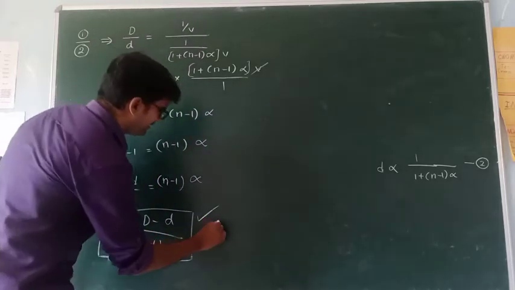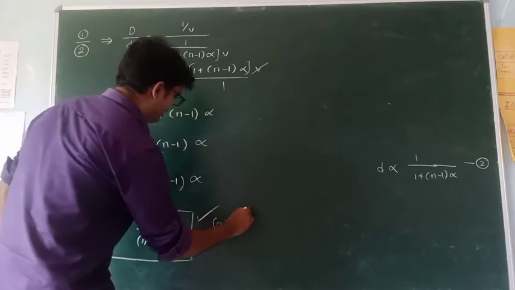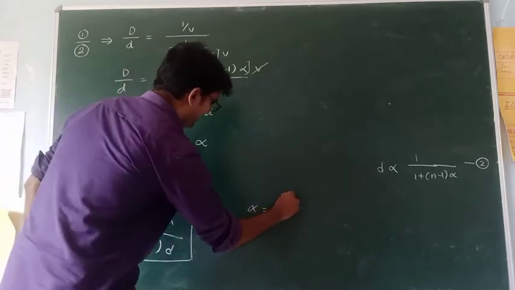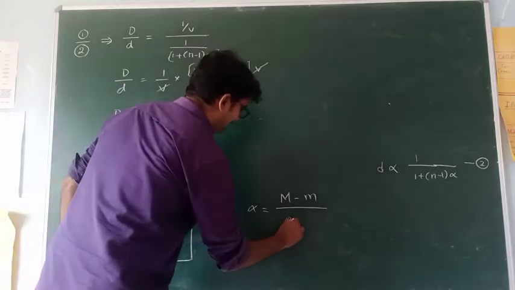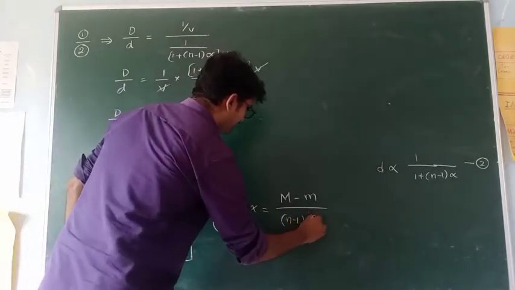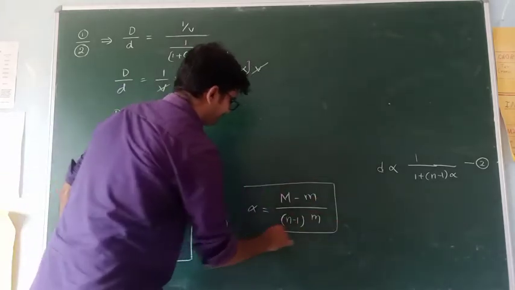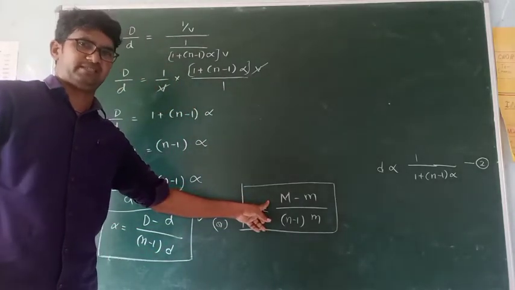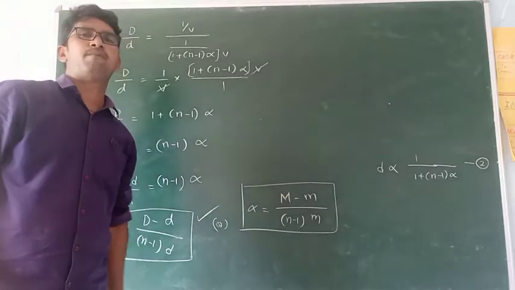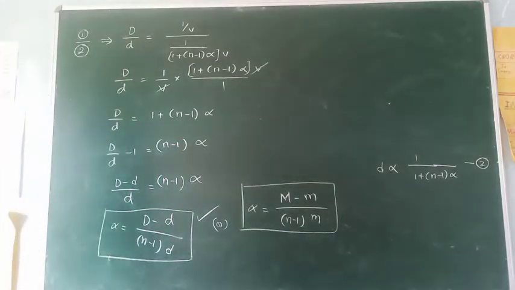So similarly, we can write in molecular weight form: alpha is equal to (capital M minus small m) by (n minus 1) into small m, where capital M is the initial molecular weight, small m is the molecular weight after reaction.